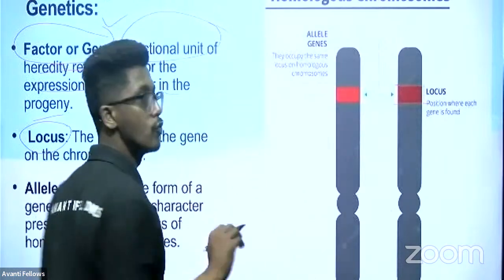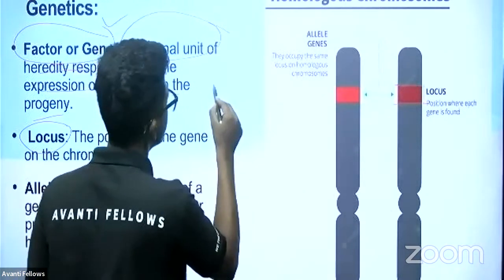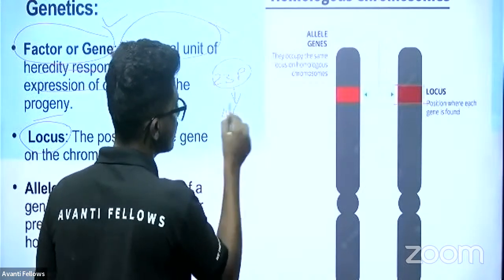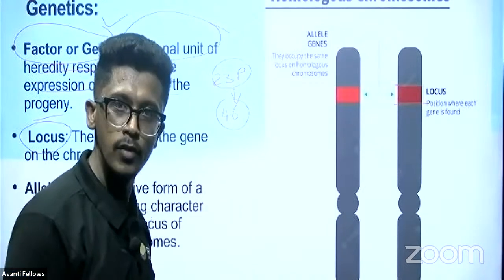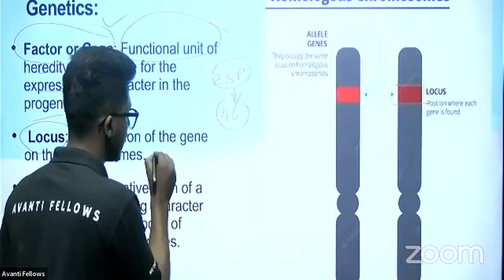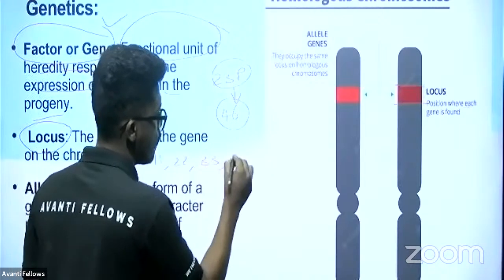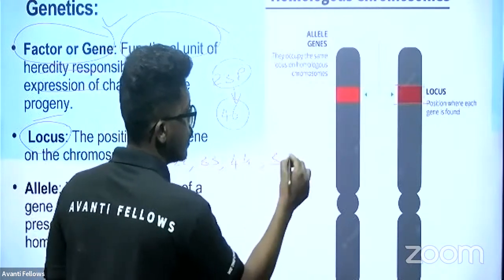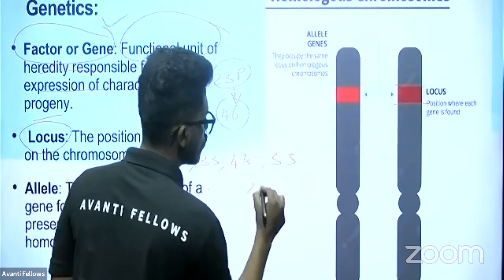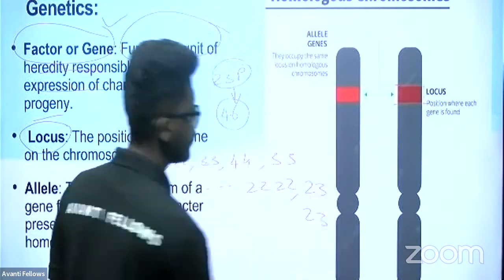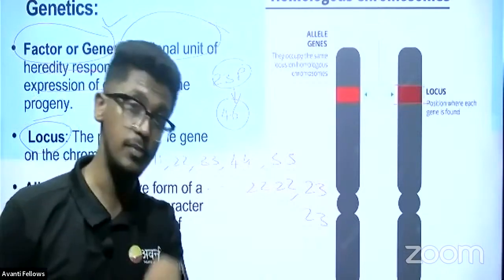Human beings have 23 pairs of chromosomes, right? So we have a total of 46 chromosomes in a diploid cell. How is it arranged? 1, 1, 2, 2, 3, 3, 4, 4, 5, 5, like that all the way to 22, 22, and then 23, 23. Do people agree? This is how our chromosomal arrangement is.